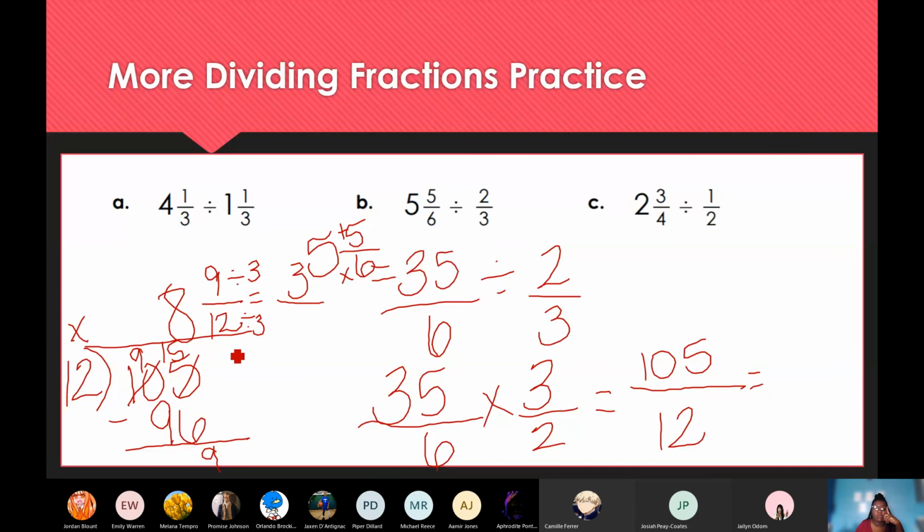And 3 times what will equal 12? 4. So my overall answer here would be 8 and 3/4. All right, so let's take some time to look at what your independent practice will be today.